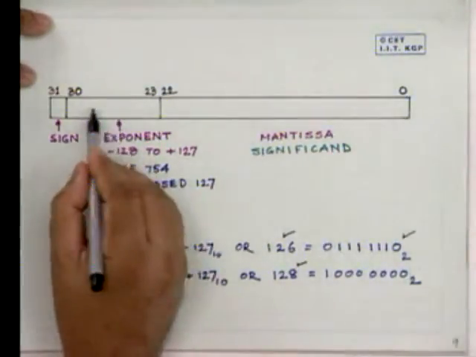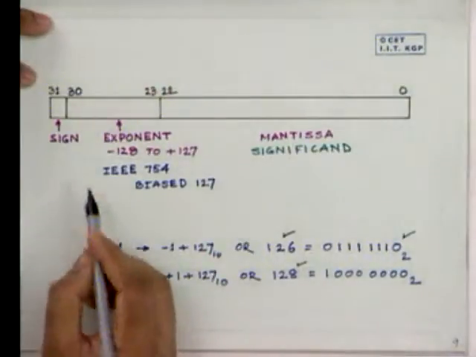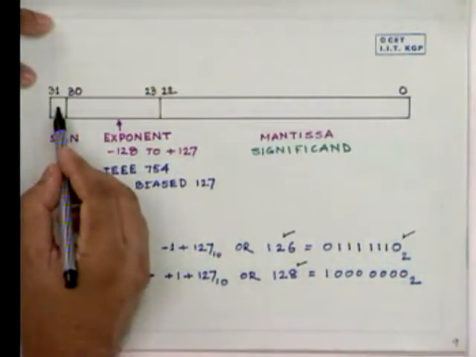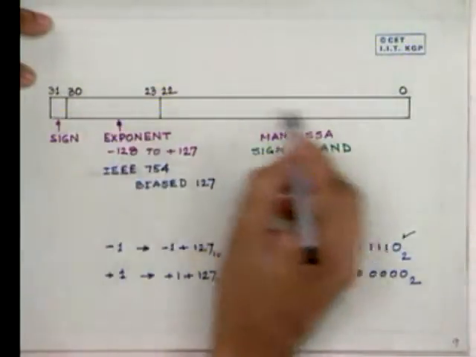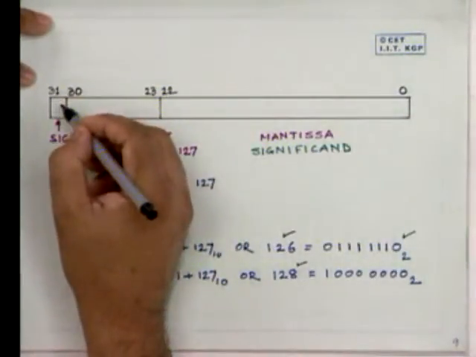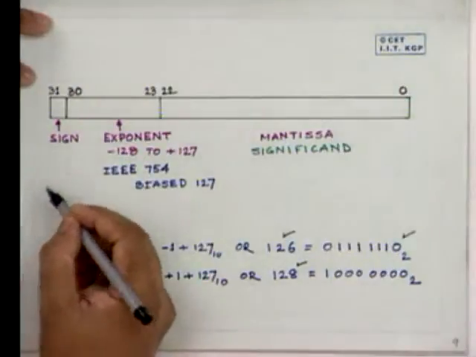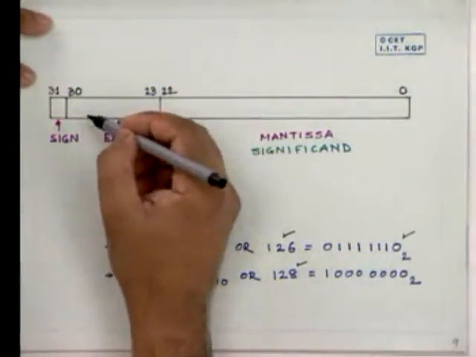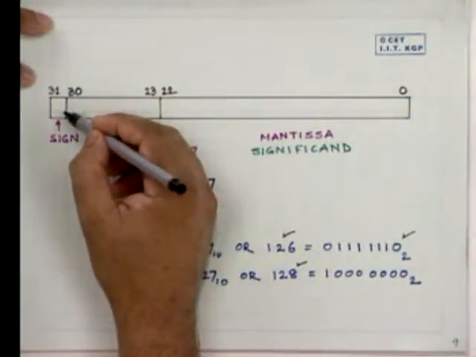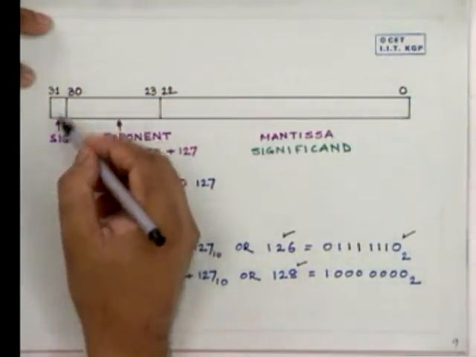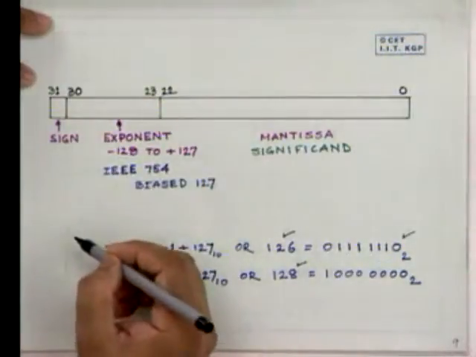Now, the reason for such a representation is this: the sign bit is brought to the first position so that immediately the sign of the number can be known. So a positive number can be treated as immediately higher than a negative number, and ordering can be placed.